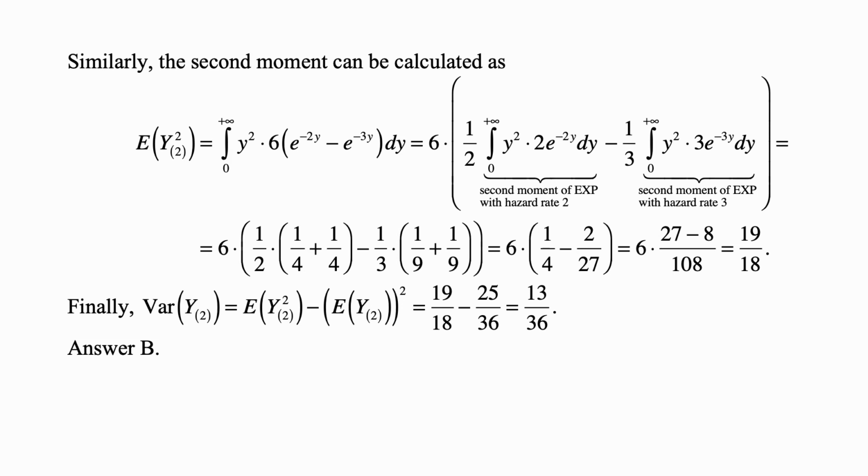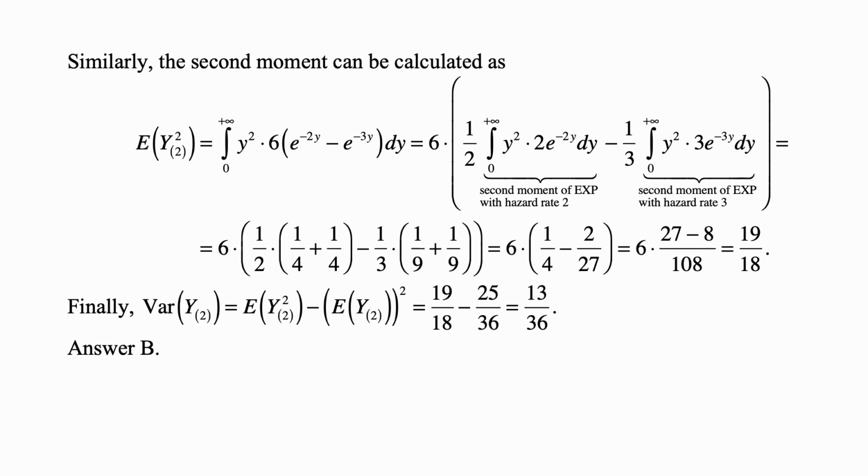the variance of that random variable, exponential with hazard rate 2, plus the square of the first moment. And so what's the variance of exponential with hazard rate 2? It's 1/2 squared. I'm sorry, the variance is the square of the mean.